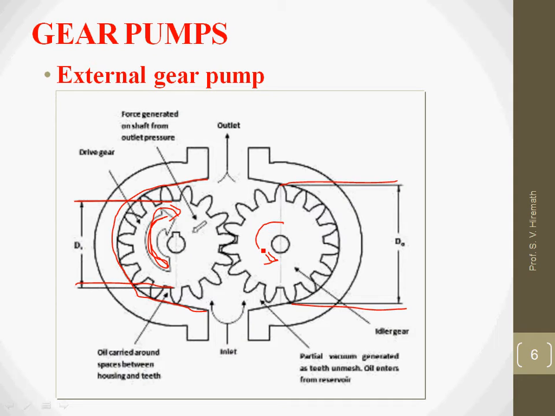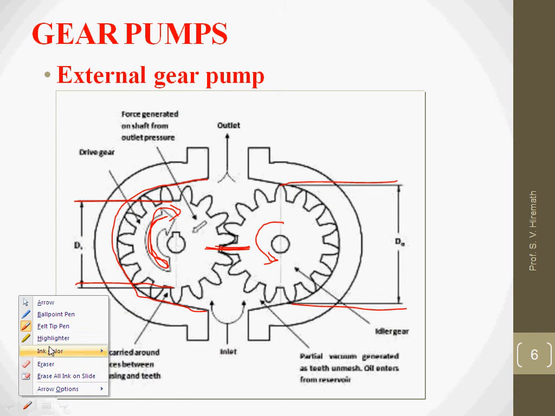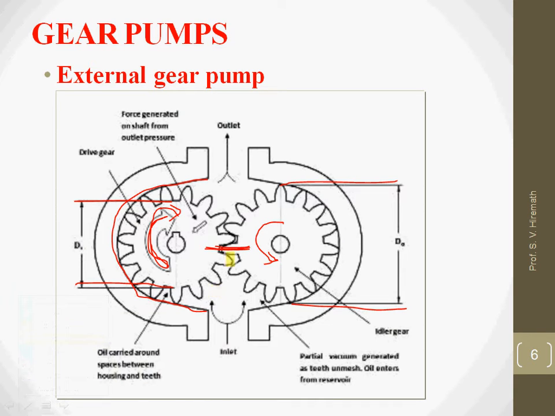So let us see how this external gear pump will work. From this particular point, this is the point where exactly the meshing is going to occur. If you go on moving from this point towards the inlet, you observe here there is an increase in the volume.